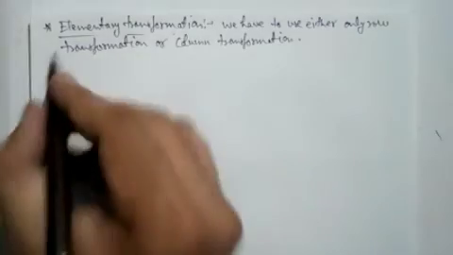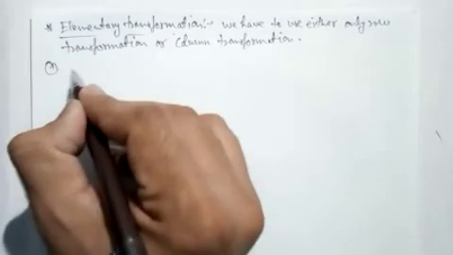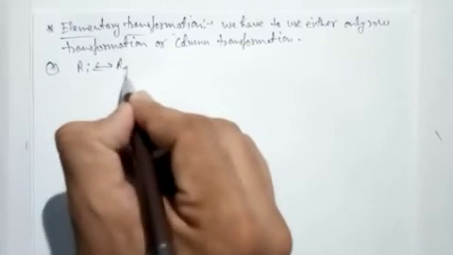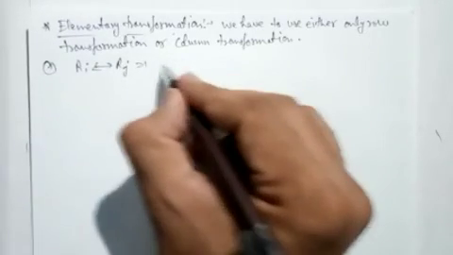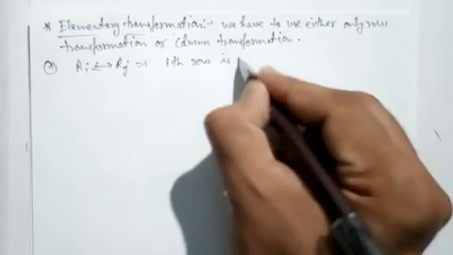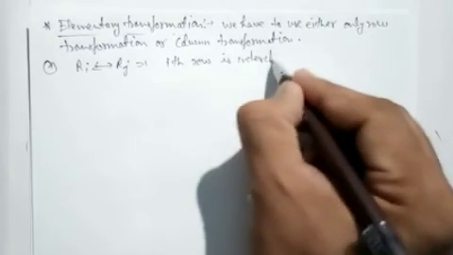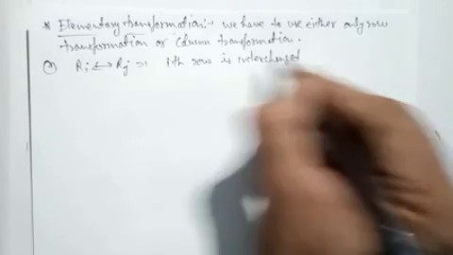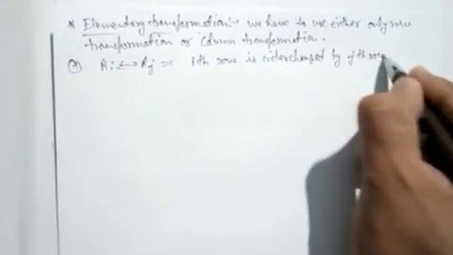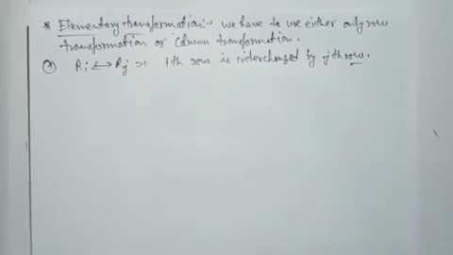Clear? First, if we use Ri ↔ Rj, that implies the ith row is interchanged by the jth row, or similarly Ci ↔ Cj.